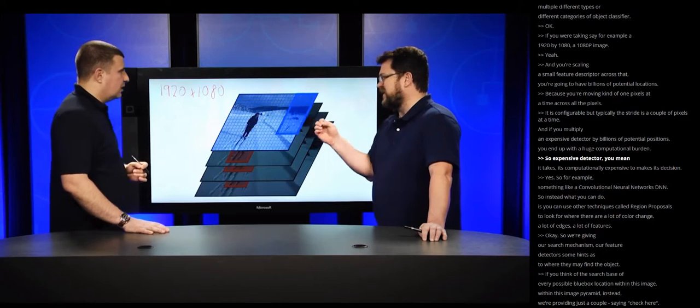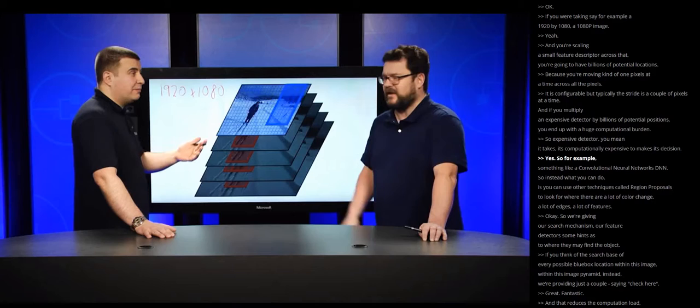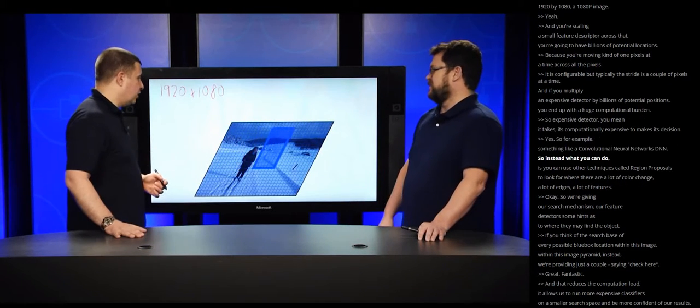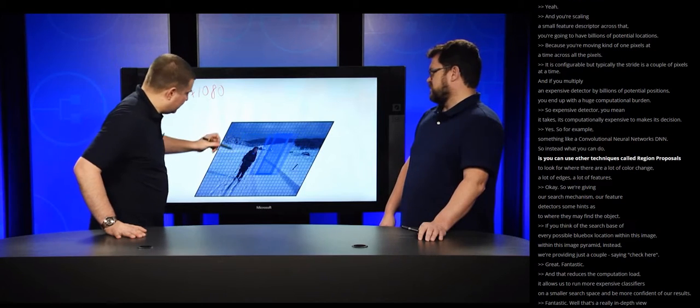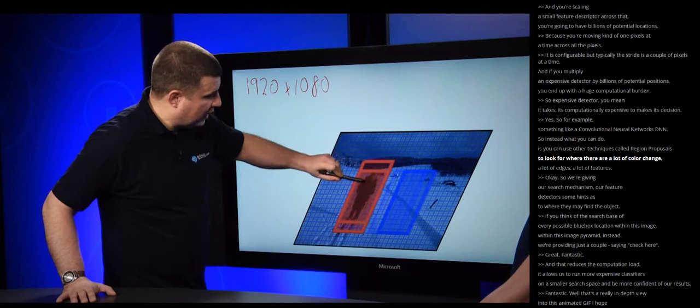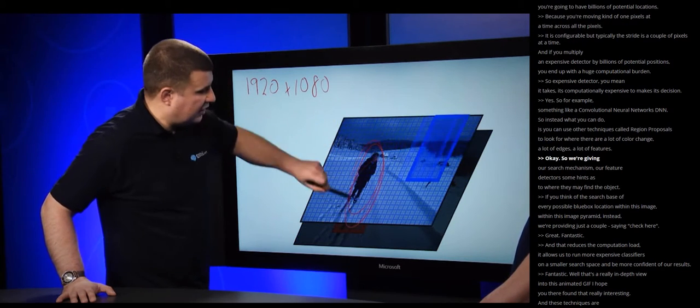By expensive detector, you mean it's computationally expensive. Yes. So for example, something like a convolutional neural net, a deep net. So instead, what you can do is use other techniques called region proposals to look for where there are a lot of color changes, a lot of edges, a lot of features in the image.